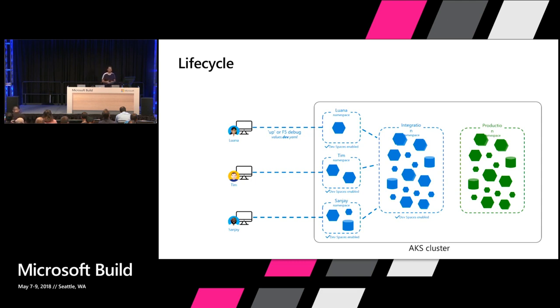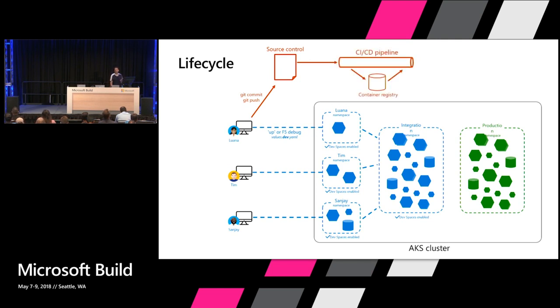At some point, you're like, OK, now I want to actually update my team's baseline. Well, the developer will go in there, do a git commit, git push, going out to source code control, and whatever CI/CD pipeline you've set up. I hope that you will take a look at the new DevOps project, which helps to actually set up a lot of this CI/CD, container registry, AKS cluster, all of that, setting you up well to have all of that running together.